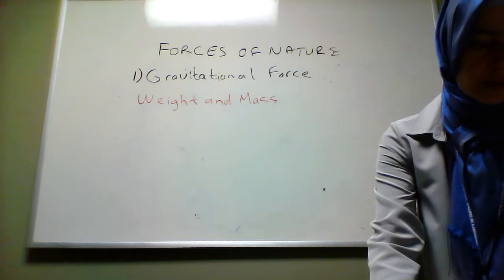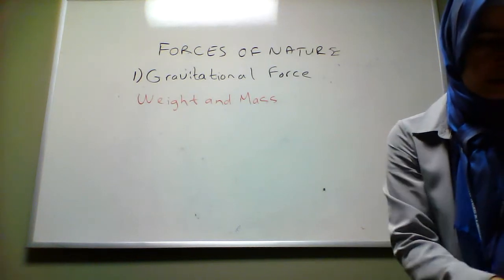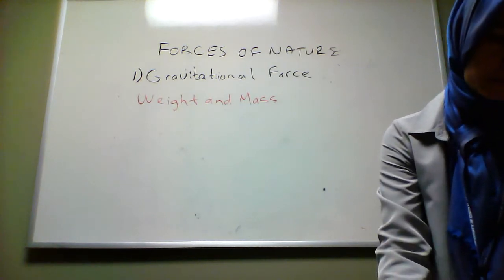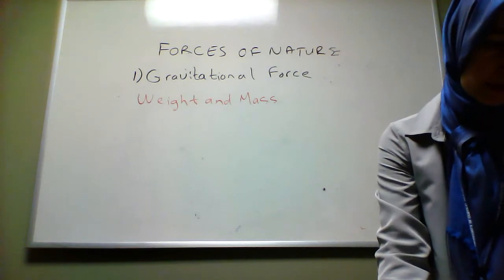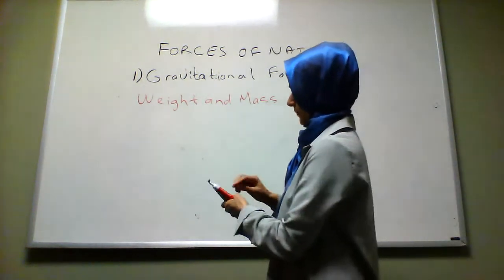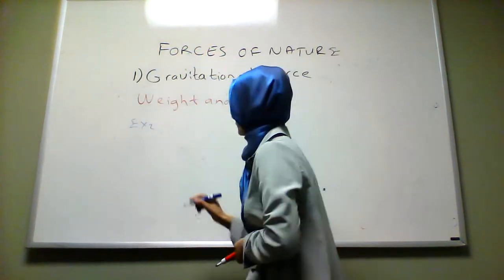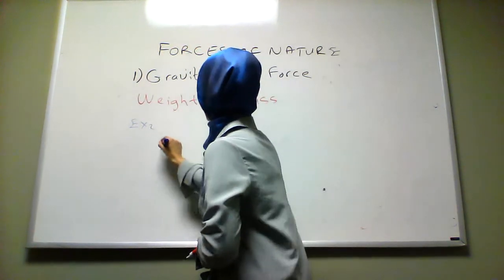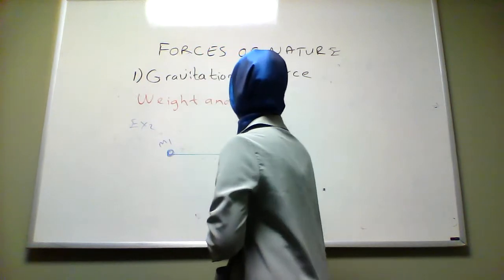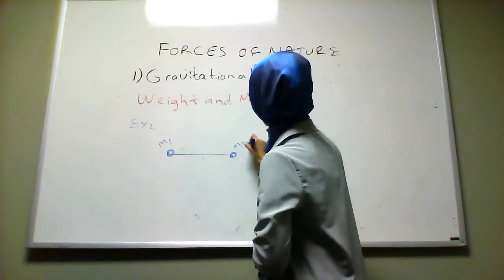Calculating the force exerted on two masses by each other, gravitational force. So let me find it. I think this is example 2. We have two masses, M1 and M2, regular masses, not Earth and Moon.